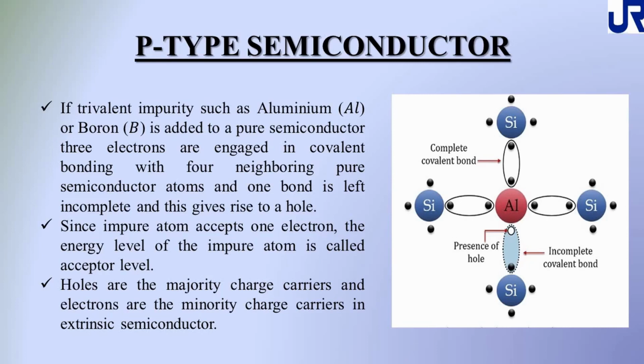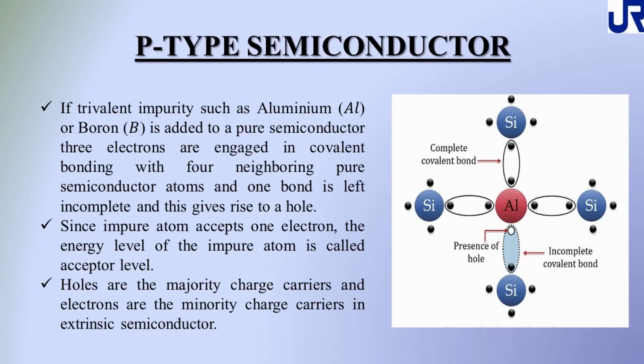What will happen when a trivalent impurity such as boron is added to the pure semiconductor? The 3 electrons are engaged in covalent bonding. The silicon has 4 electrons, and the aluminium has only 3 valence electrons.